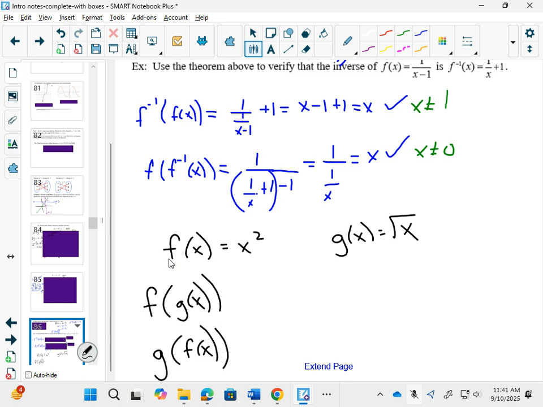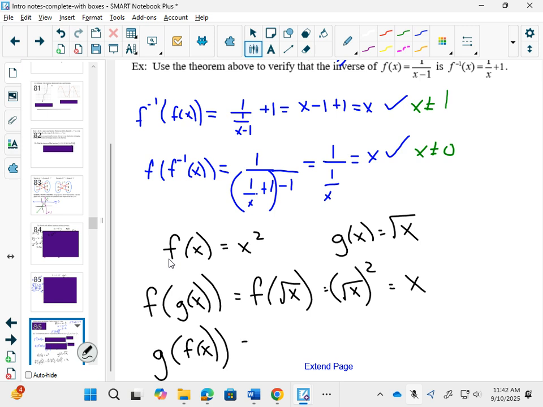And if they're both equal to x, then we could say they're inverses. F of g of x: g of x is the square root of x. This would be the square root of x all squared, and that would be x.